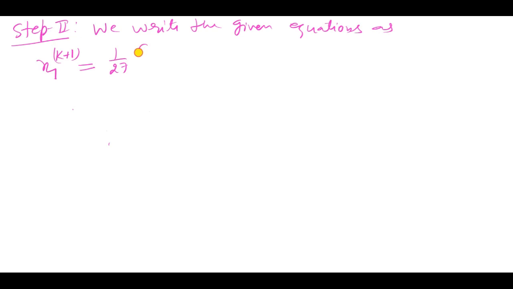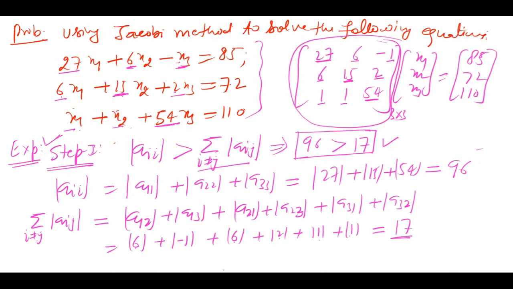we write the given equations as x1^(k+1) is equal to 1 upon 27 times (85 minus 6 x2^(k) plus x3^(k)), that is with the help of equation 1.